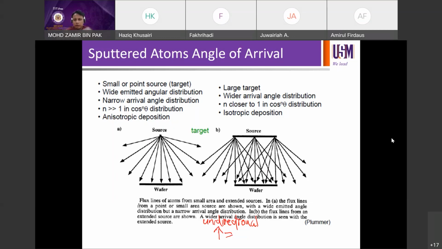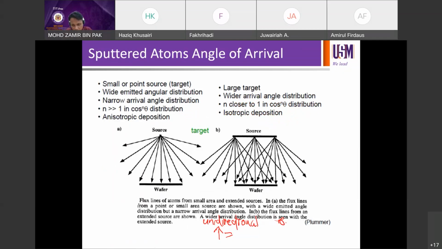Okay. Don't look at this yet. Proses mana dalam thin film deposition yang paling unidirectional? And isotropic. Proses mana yang paling unidirectional? Daripada thin film deposition processes. Yang mana yang paling unidirectional, yang mana yang paling omnidirectional?